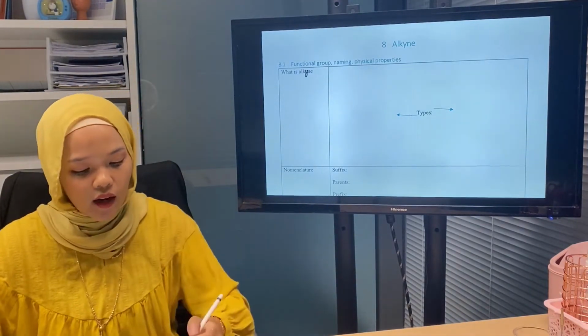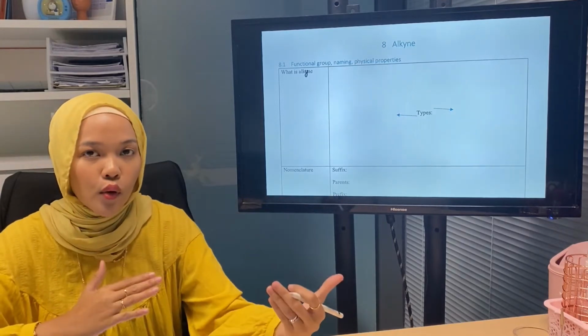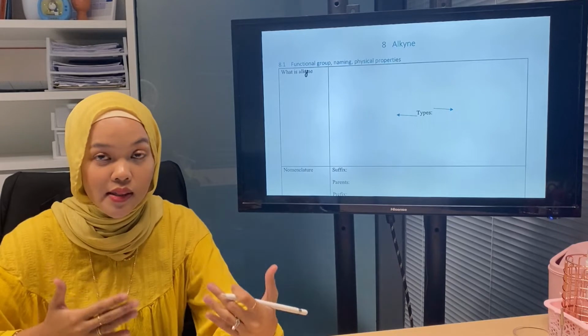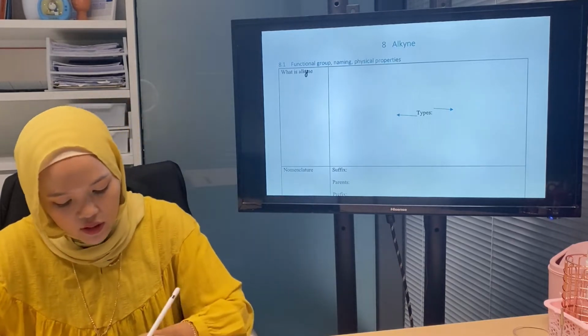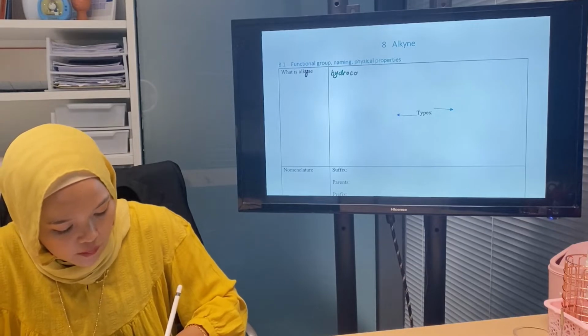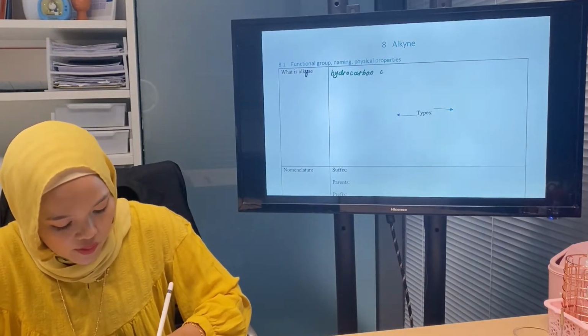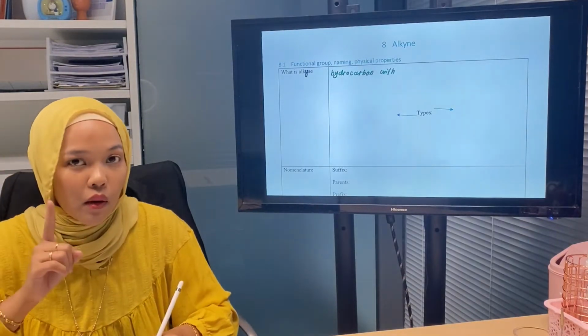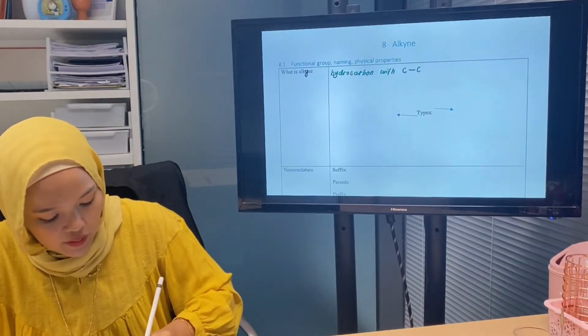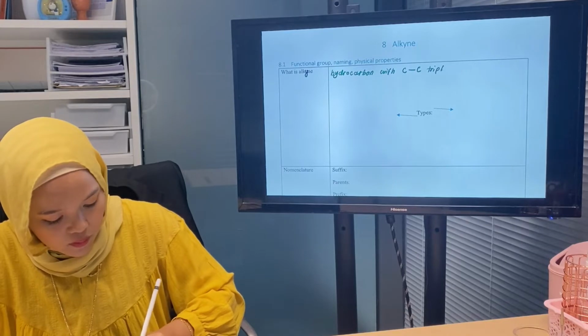So what is an alkyne? Let us just follow what we did with the alkane and alkene. We said it is a hydrocarbon. So an alkyne is a hydrocarbon with a carbon-carbon triple bond.